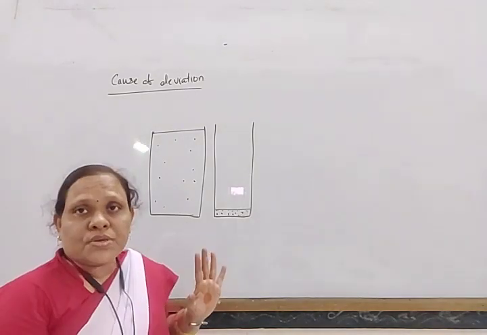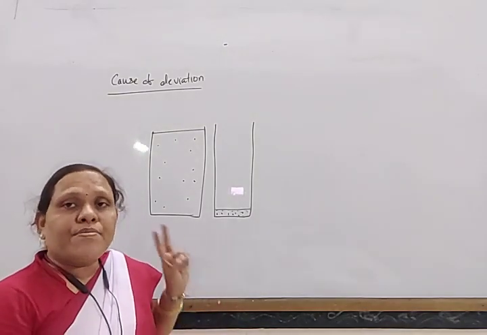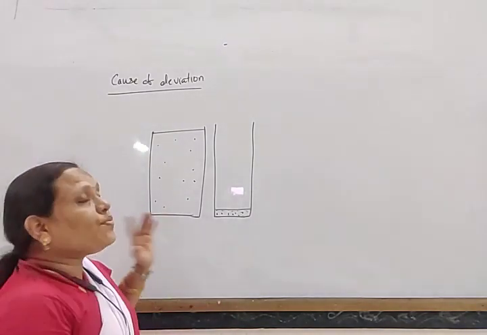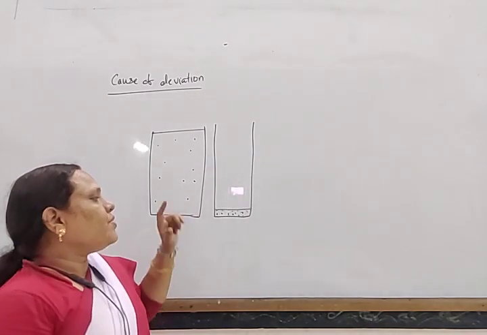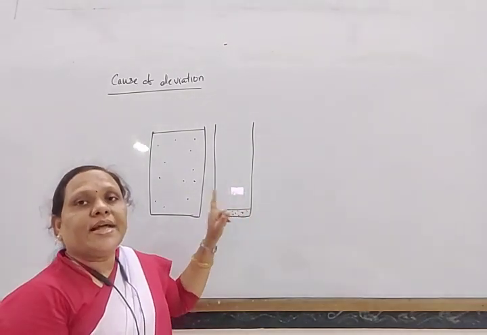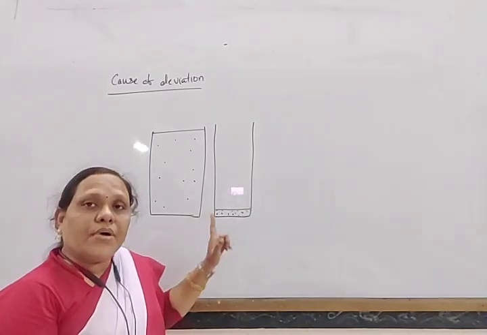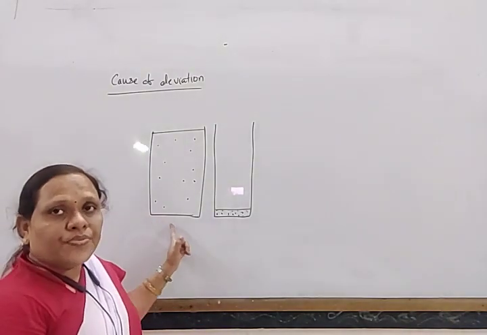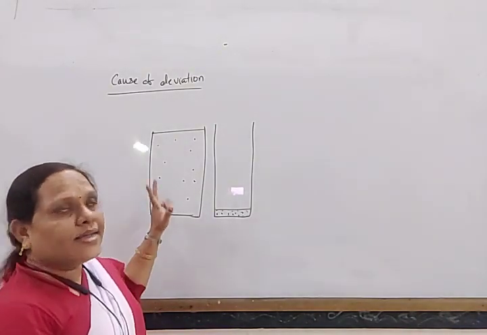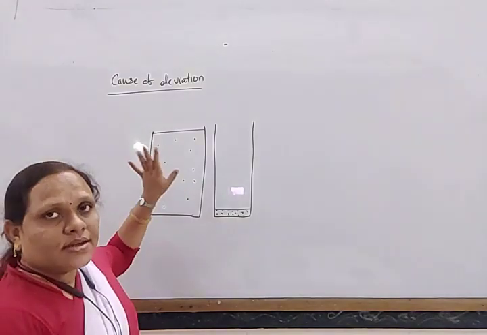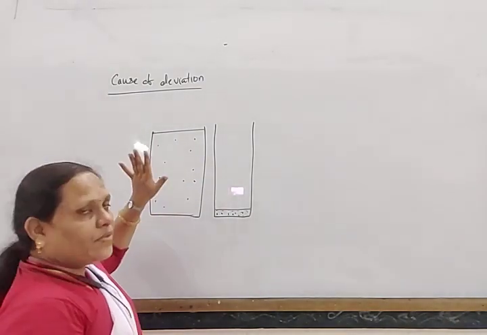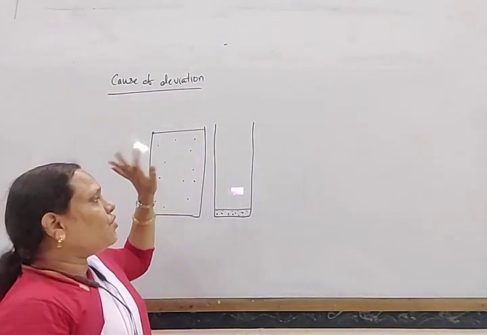That is another postulate. So these postulates are found to be faulty at which condition? When the pressure is high and temperature is low. But when pressure is low and temperature is high, at that time they are found to be correct. No fault is there.